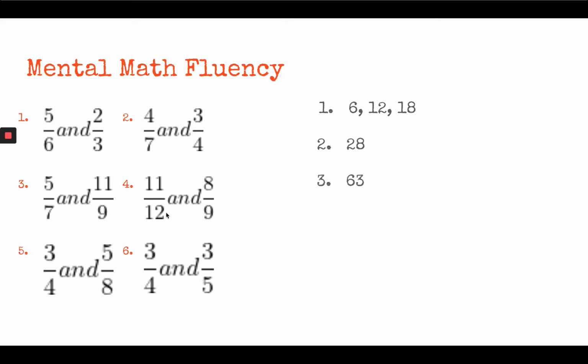All right, we've got 12 and 9. So similar there, right? I know that 12 can't go into 9 and I know 9 can't go into 12. If I was to list multiples of 12 and multiples of 9, I would come to a number that both of those do go into. Okay, and that number is 36.